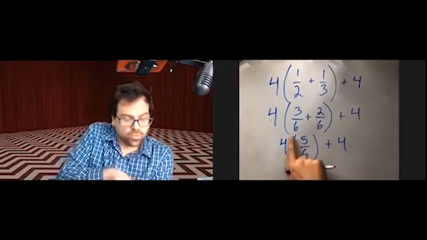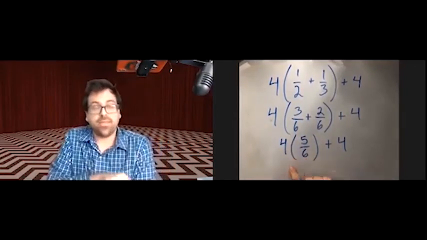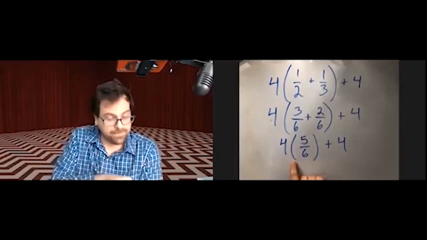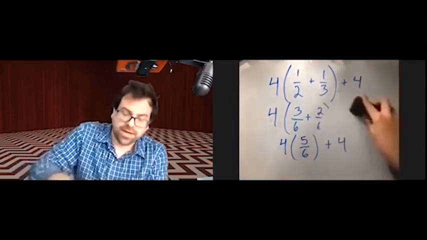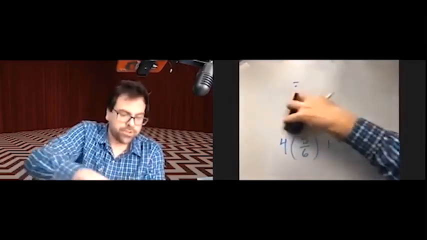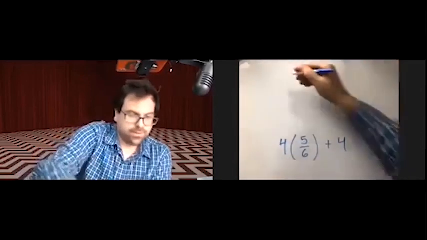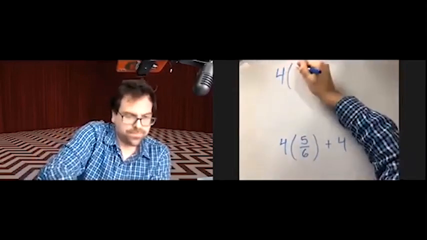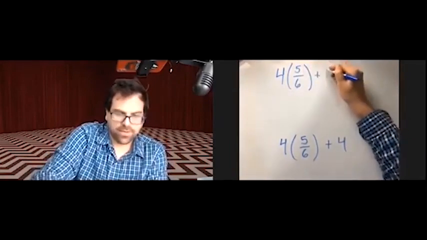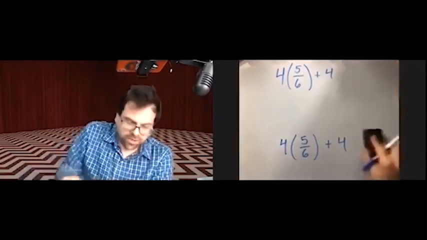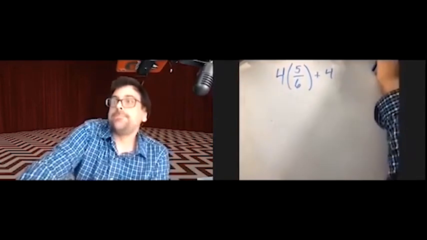Remember, when a number is right up against a parenthesis, that means multiply. So how do we multiply this? I'm going to go ahead and move it to the top so I have more room. I'm just going to rewrite it, no changes. You'll just keep going underneath. Paper is more forgiving than a dry erase board of this size.